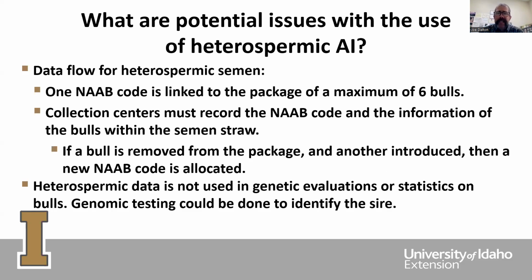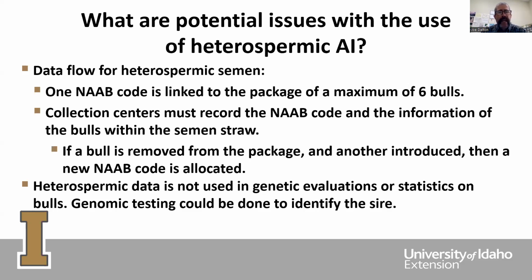What I mean by this is when we breed a dairy cow, the semen has the NAAB code, and we write down the NAAB code, and then that data is available and can go into a larger database so that we can understand the success of that sire, what type of offspring they had, what the production capabilities were, the phenotype, etc.